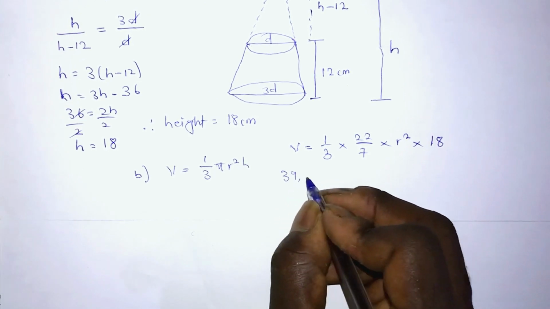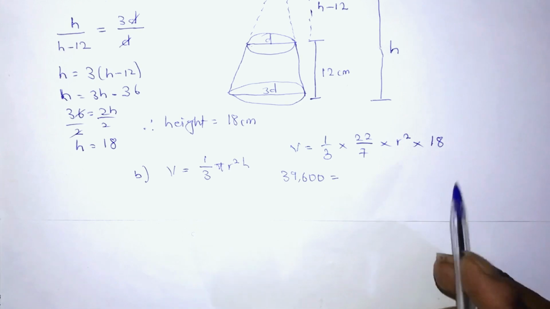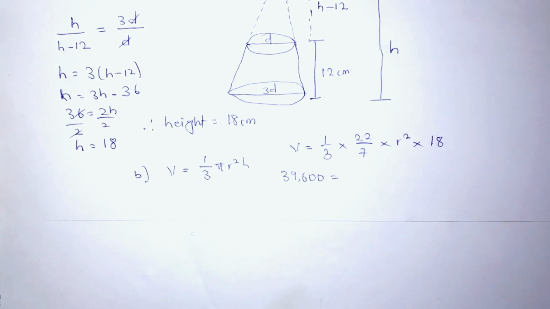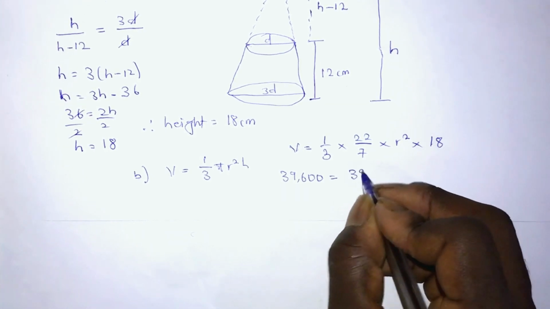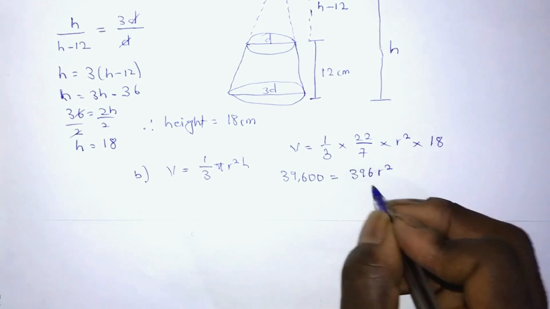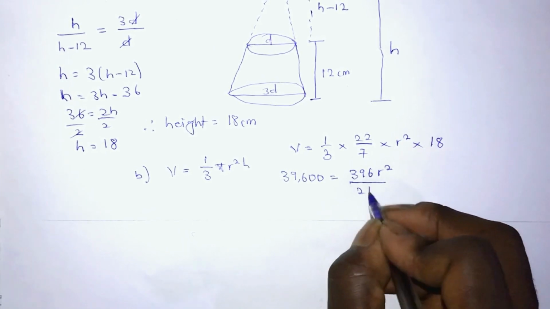So 39,600 is equal to, so we multiply this, and 22 by the 18 is going to give us 396 times the radius squared divided by 7 times the 3 is 21.